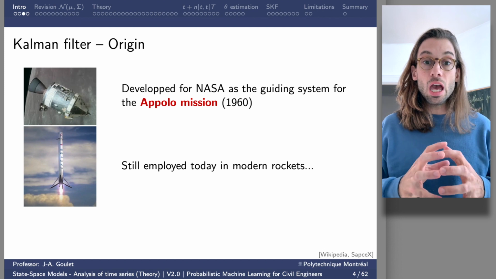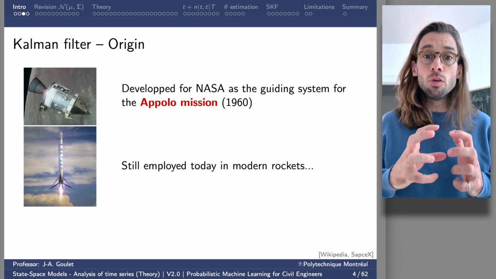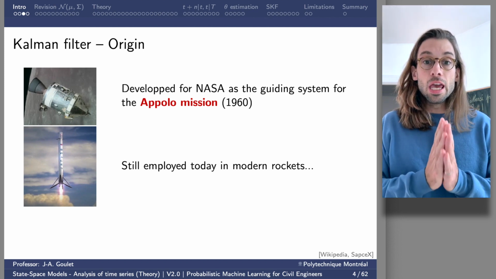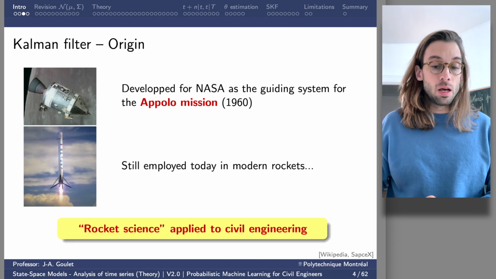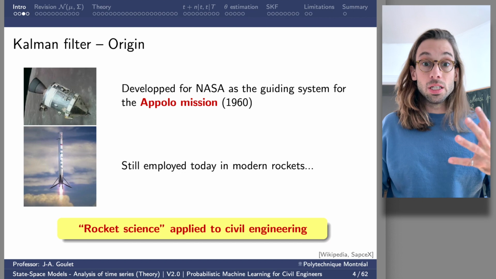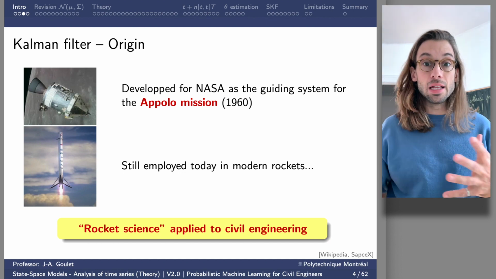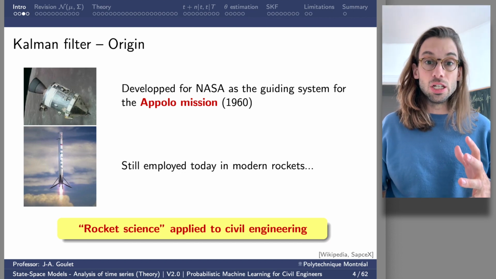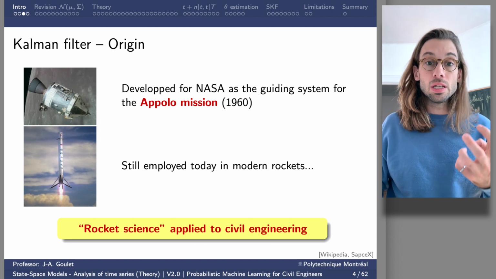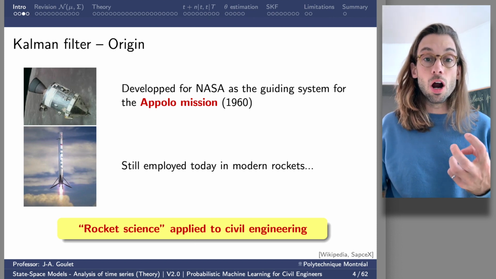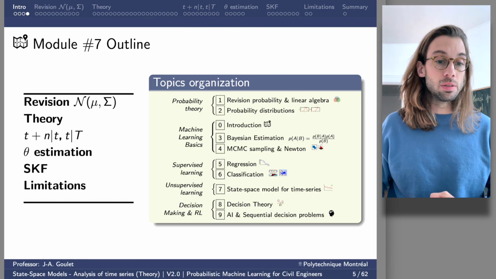This is a powerful tool for analyzing time series data. We can see what we're going to do today as a kind of rocket science applied to civil engineering. We're going to break that down and see how it can be useful for our cases where we have time series.